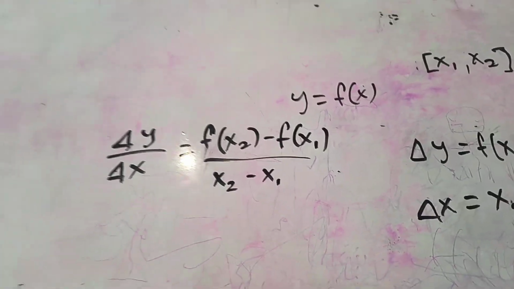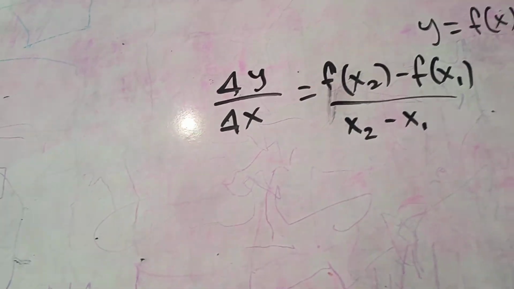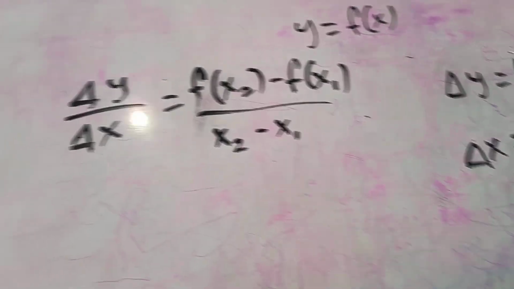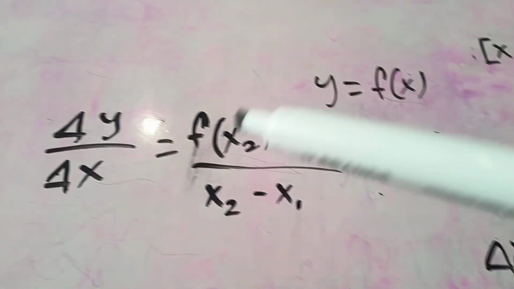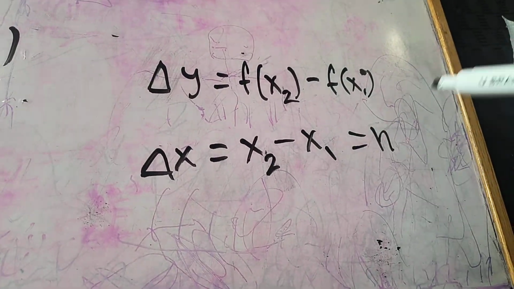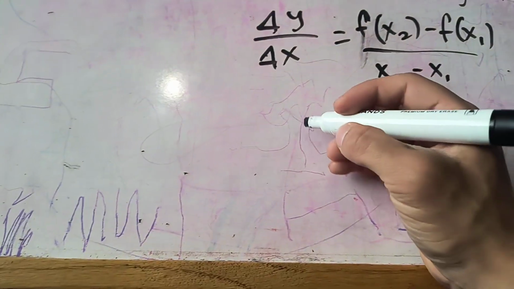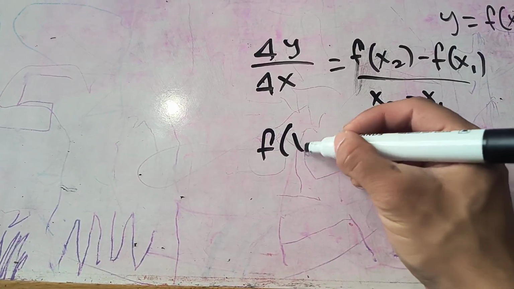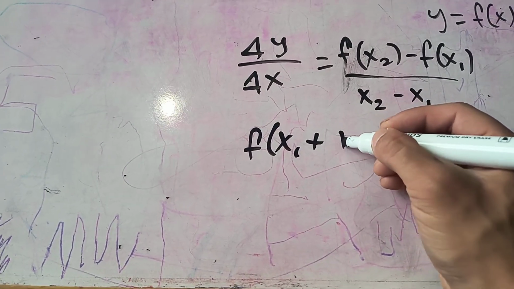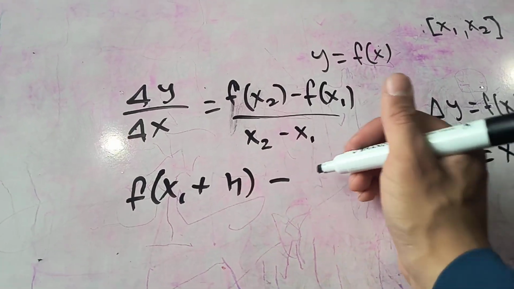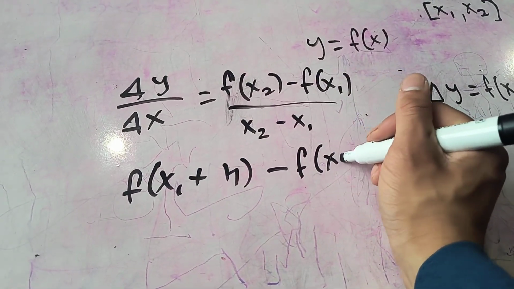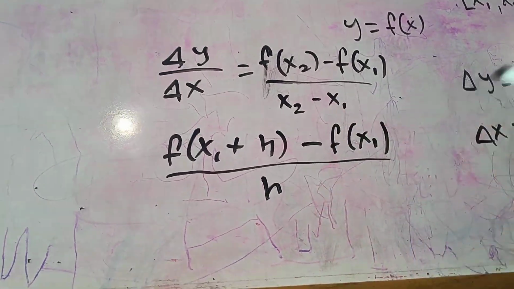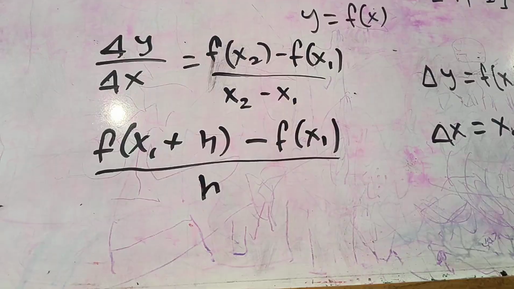So we can rewrite this saying that x2 is just x1 plus h. So we can rewrite this as saying the average rate of change is equal to f of x1 plus h minus f of x1 over h, the difference between x2 and x1.